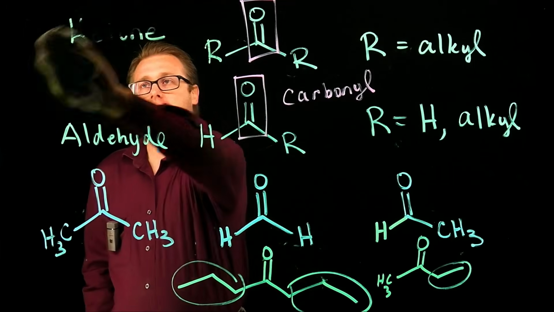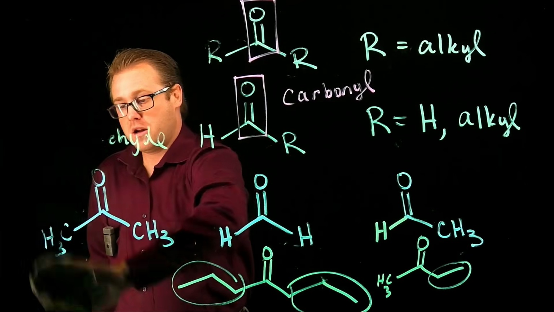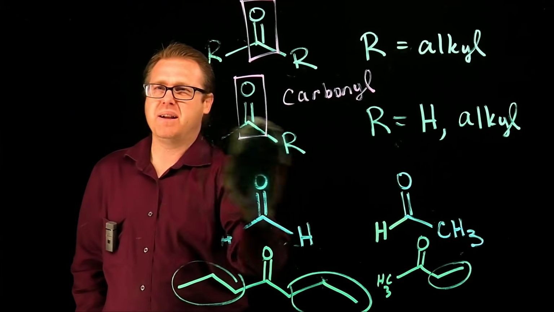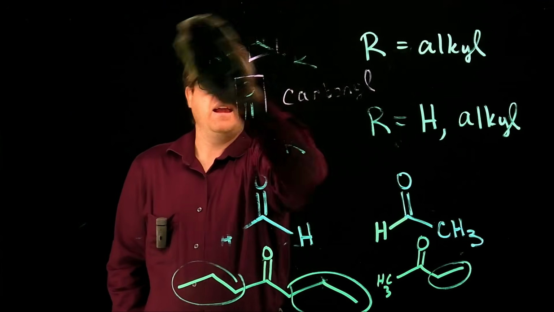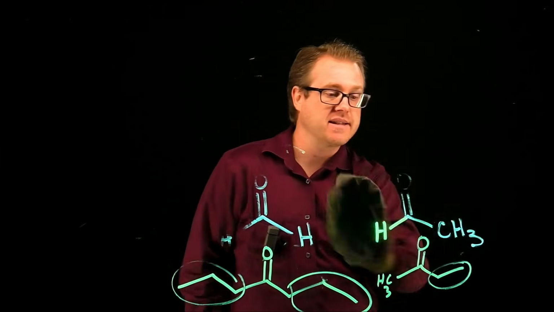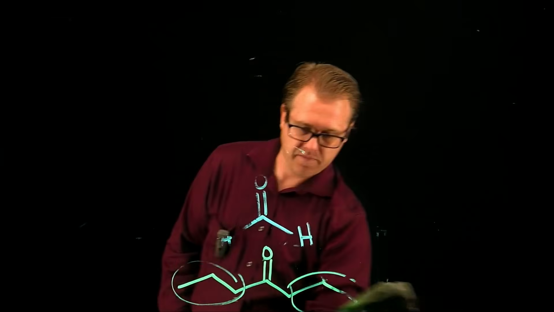Okay, so let's take a look at another compound that has a carbonyl in it, but is not a ketone or an aldehyde. It is actually a carboxylic acid. Well, let's take a look at a carboxylic acid.